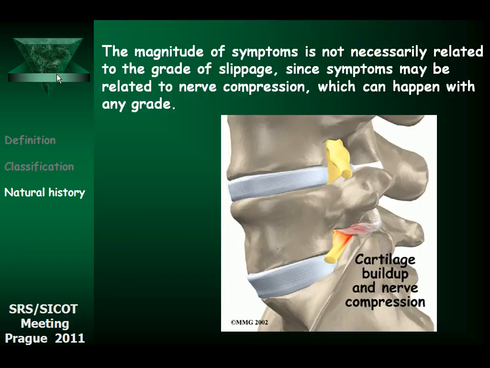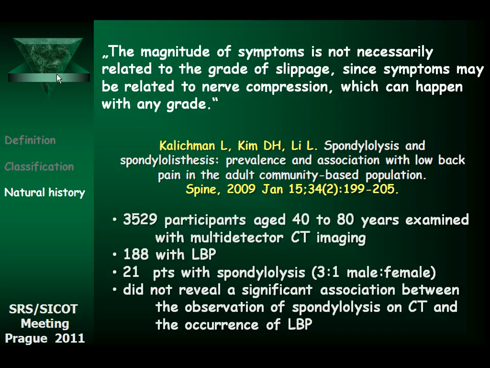But we have to keep in mind that the magnitude of symptoms is not necessarily related to the grade of slippage, and some symptoms may be related to nerve compression, which can happen with any grade.